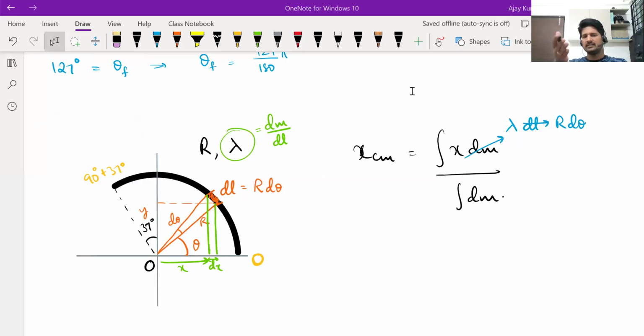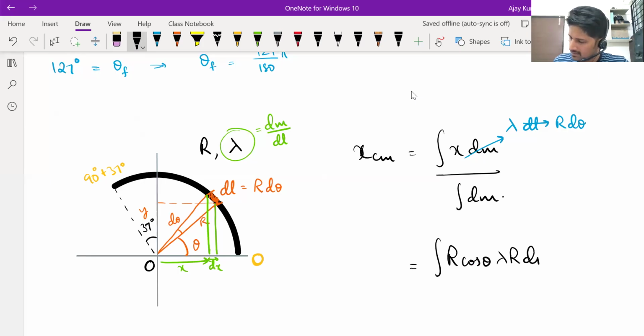Good. X is nothing but the x component of radius. Okay, so x will be r cos theta. Fine. So the integral will now become r cos theta into lambda r d theta divided by integral dm. Integral dm is integral lambda r d theta. Just adjust the limits. I mean, substitute the limits carefully, you will be able to solve it.